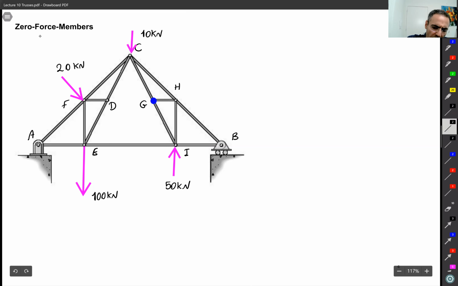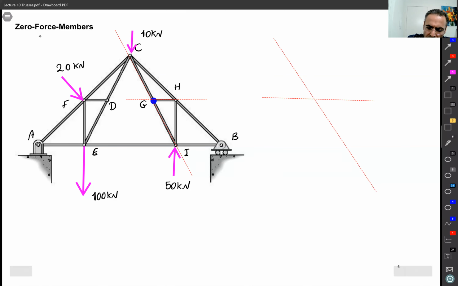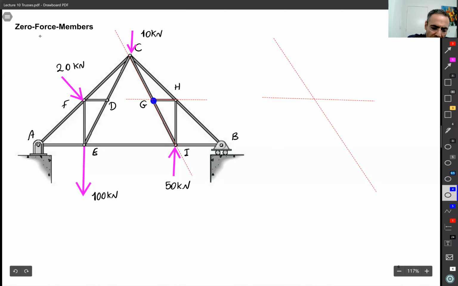So you could follow, let's say this line, I just draw it outside, so as not to make the image too messy. Let's say that's that line and that's this line. And let's say this is this joint.